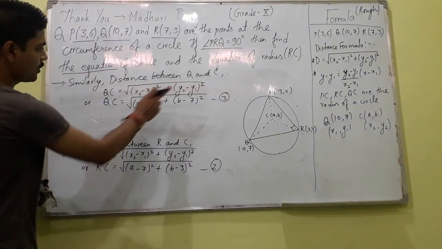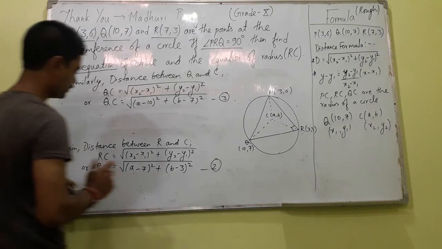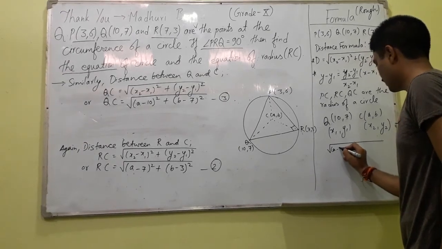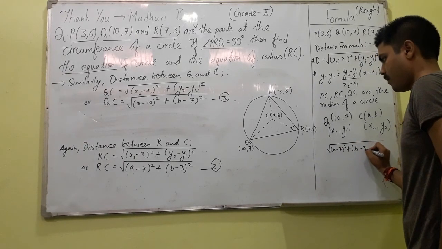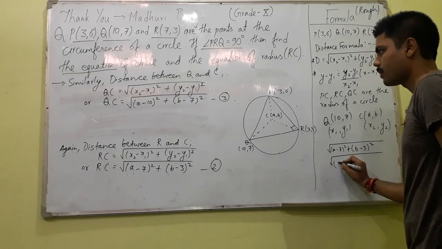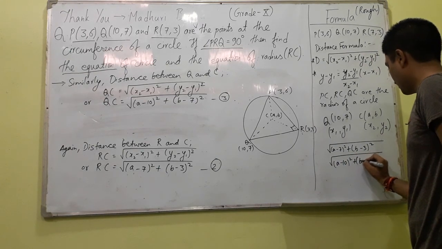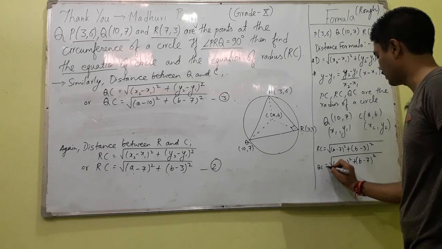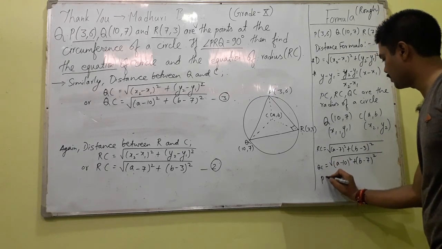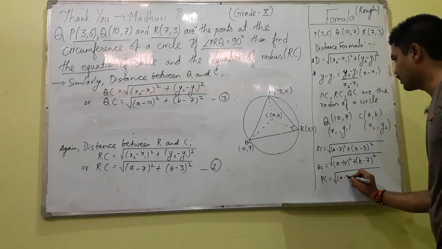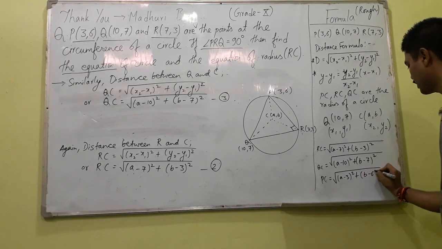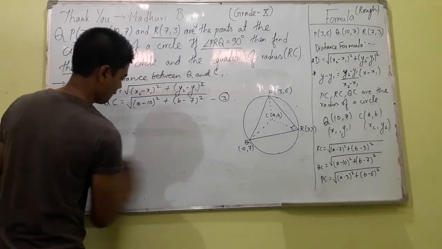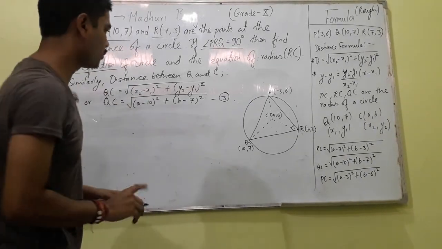So first I am going to solve equations 3 and 2. A minus 10 whole square, B minus 7 whole square. This one is RC, this one is QC, and the previous one was PC. It was A minus 3 whole square, B minus 6 whole square. Now how to solve them?